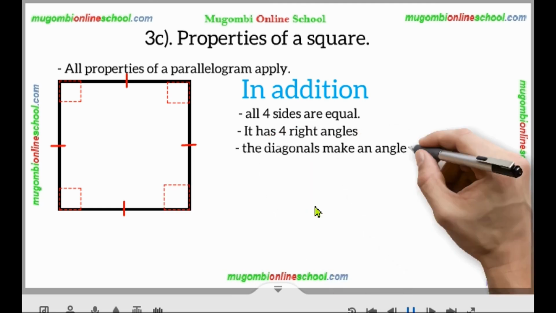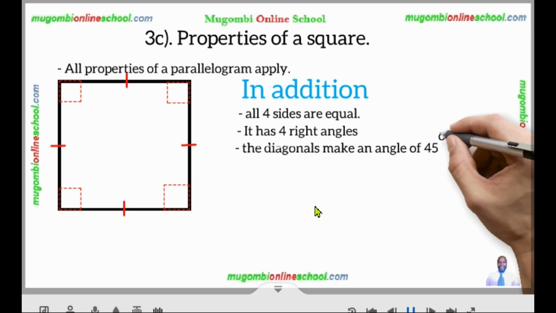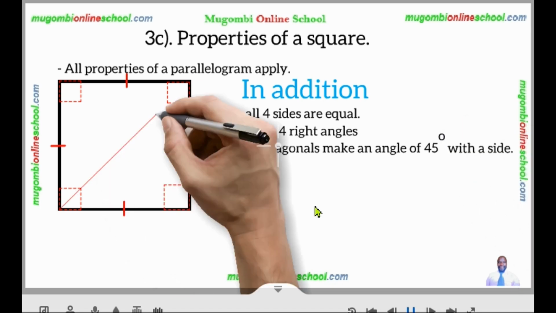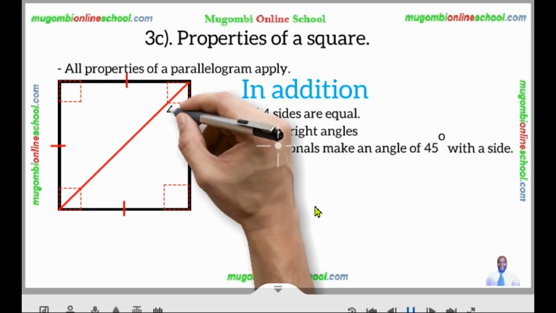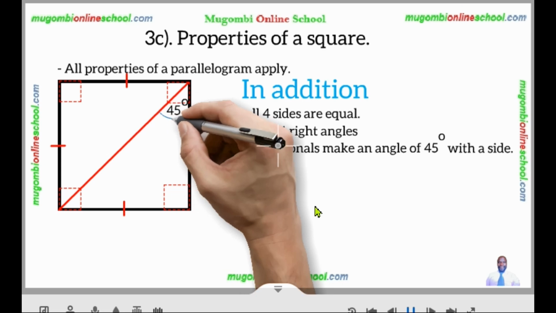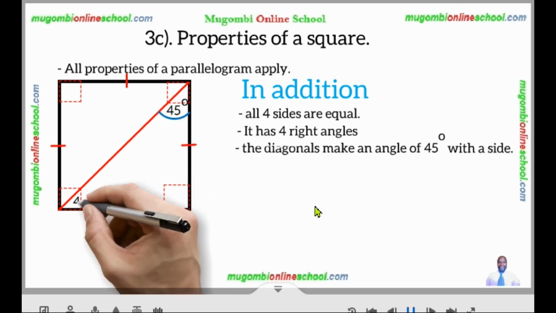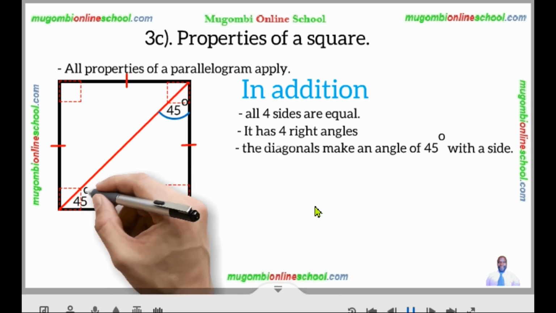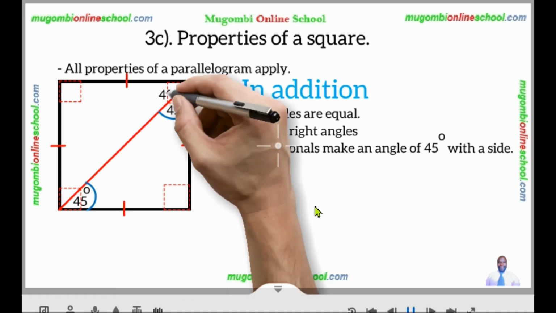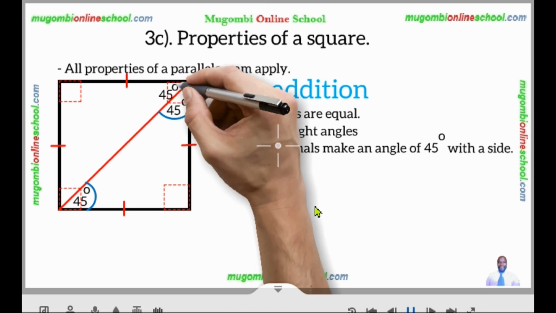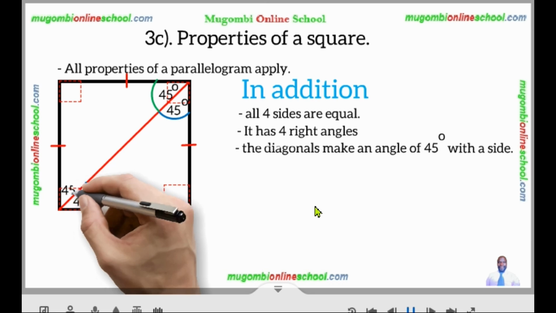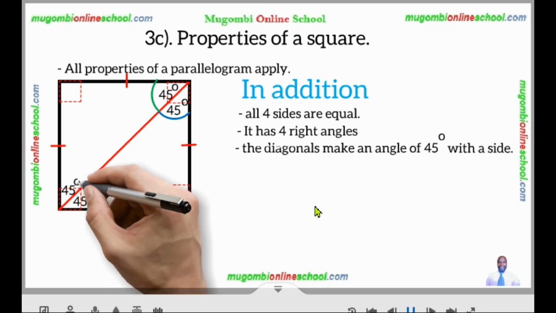And another property, the diagonals make an angle of 45 degrees with a side. So this diagonal will make 45 degrees at the side like this, which means it will bisect the 90-degree angle. And this one is also 45 degrees, and the 90-degree angle has been bisected, which means the remaining angle is also 45 degrees, and this other one again is 45 degrees.